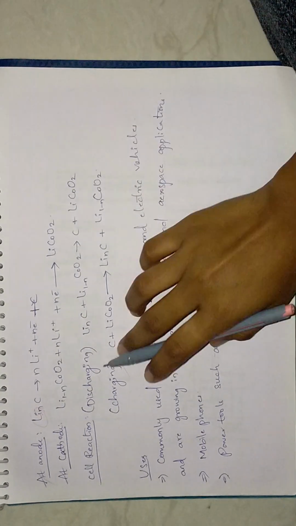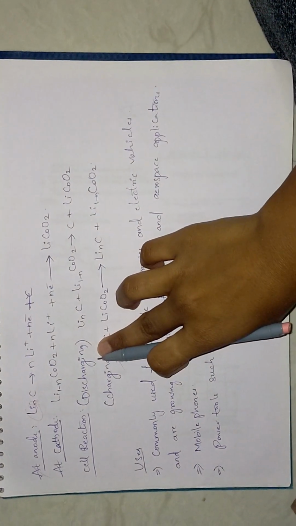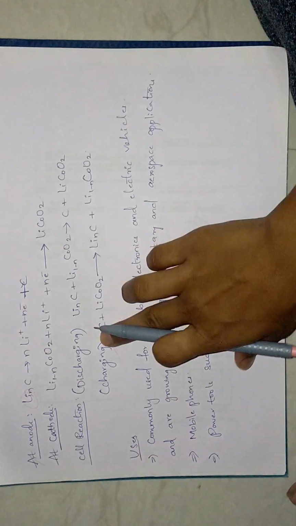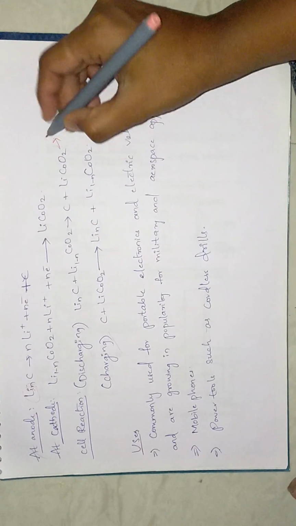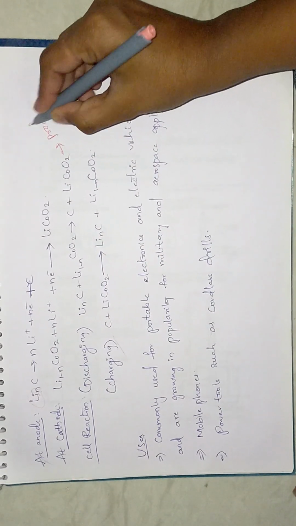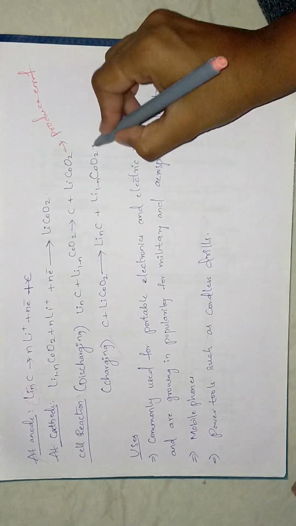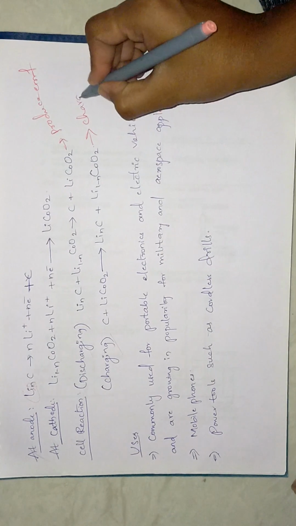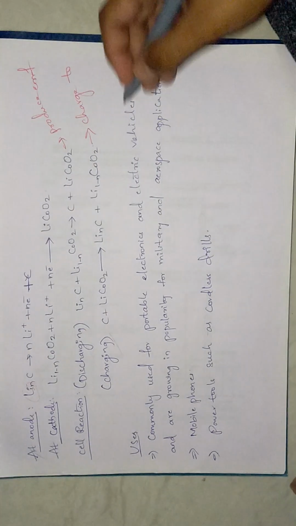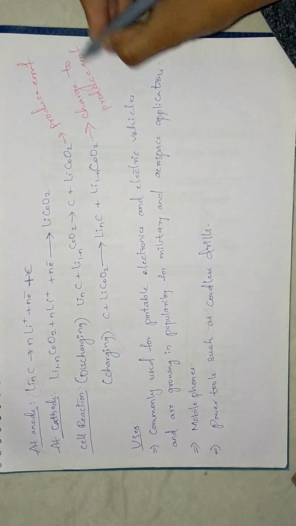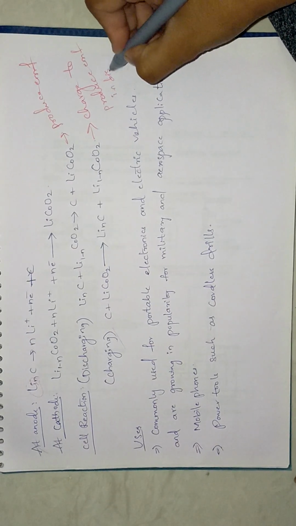In the discharging phase we are using it, that means it is producing EMF. In the charging phase it is not producing EMF; it charges so that it can produce EMF in the discharge phase.